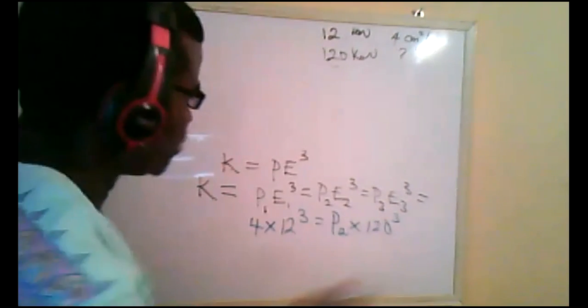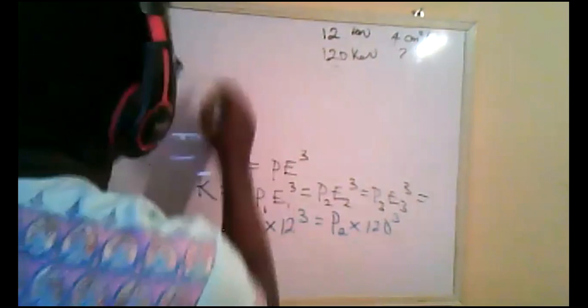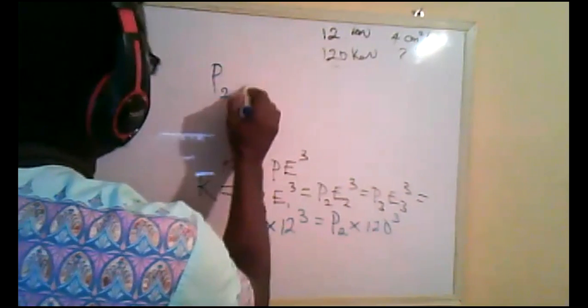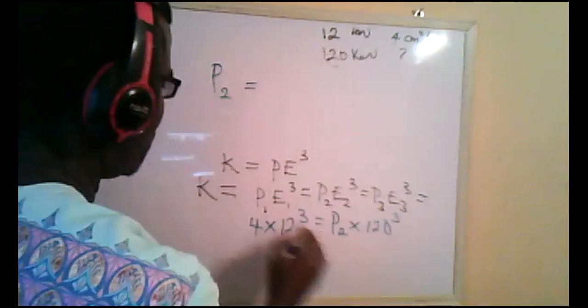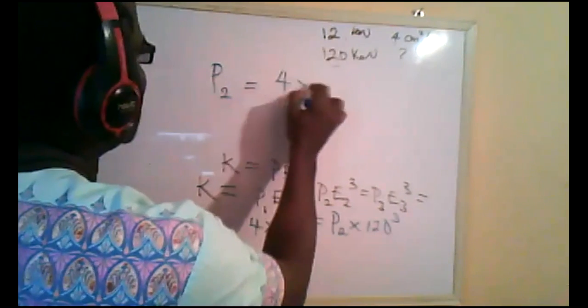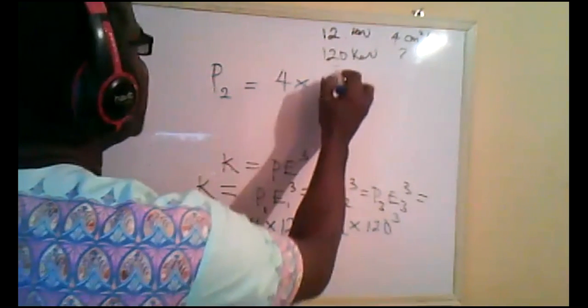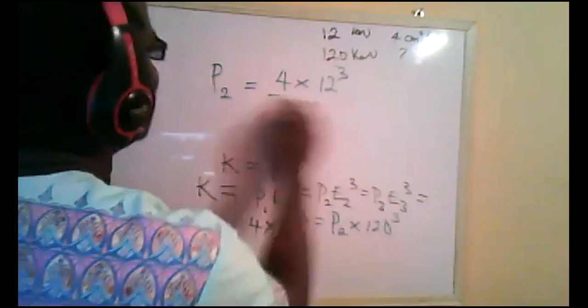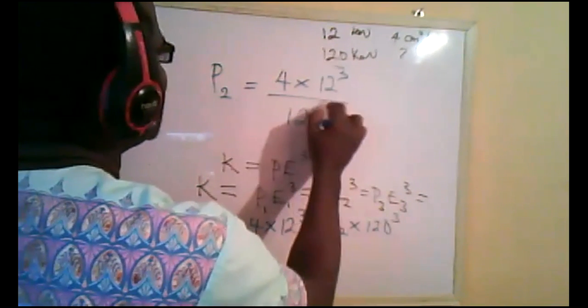So P2 will now be equal to 4 times 12 raised to power 3 over 120 raised to power 3.